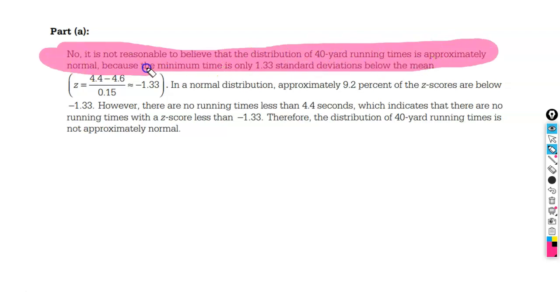It is not reasonable to believe that, and that's because, think about this. The minimum, well, think about this. If it was a normal curve, you'd have your 4.6 here, and then you'd go over, what was our standard deviation? 0.15.